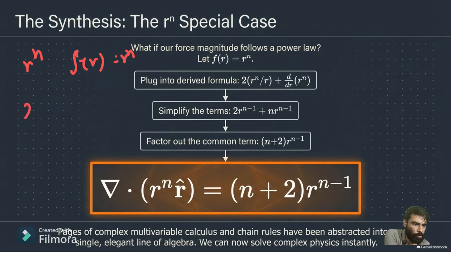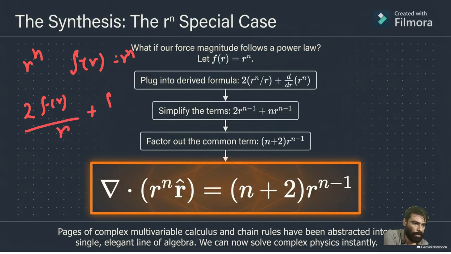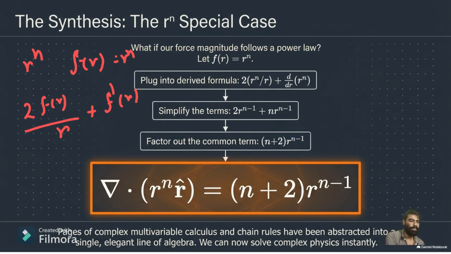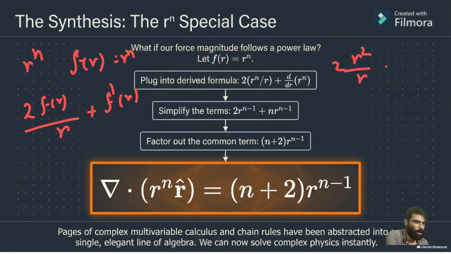It is 2 f(r) by r plus f prime r. Yes, it is. Now if you plug in r to the power n instead of f(r), we get 2 into r to the power n by r plus d by dr of r to the power n.